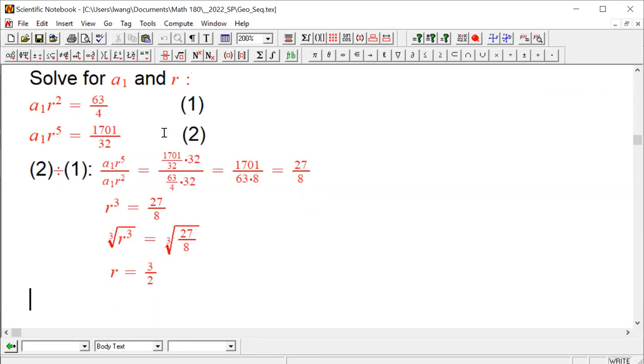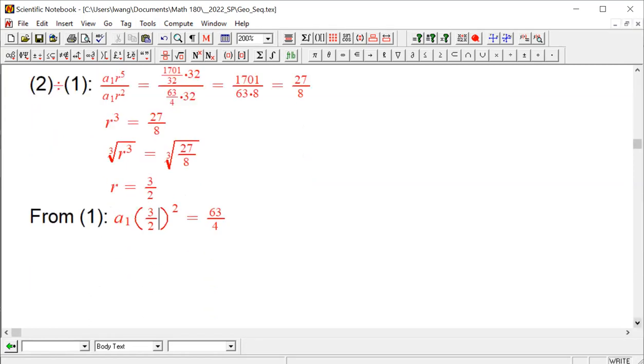Once r is found from the first equation, we replace r by the value we just found, which is 3/2, and we're going to solve for a1.